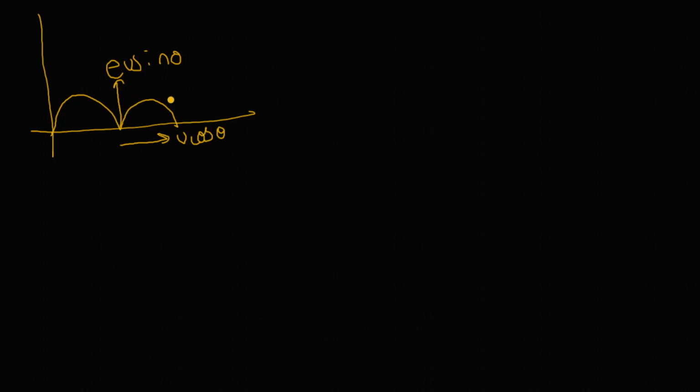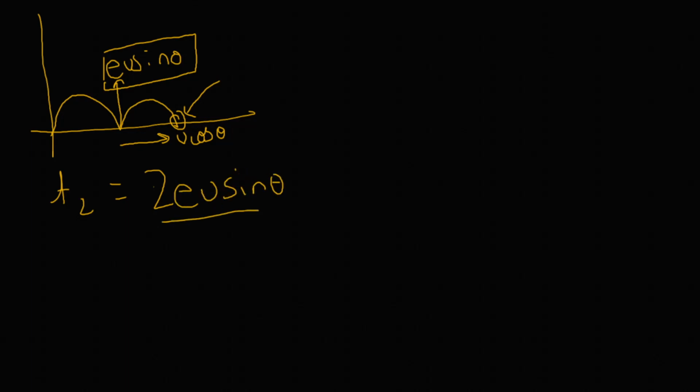Now let us focus on this point after t2. Let us find t2. The vertical component of this velocity is e u sine theta, so t2 is going to be 2 e u sine theta by g.